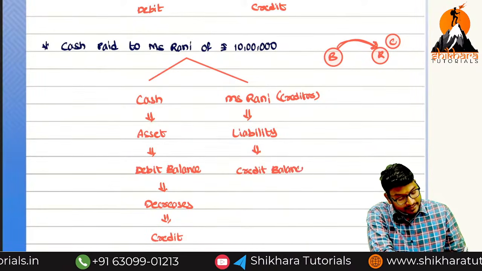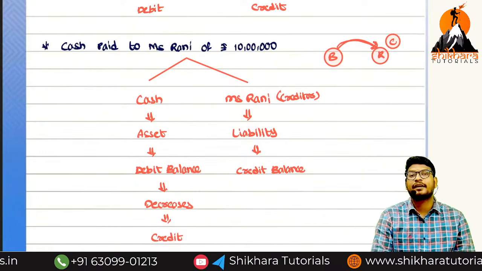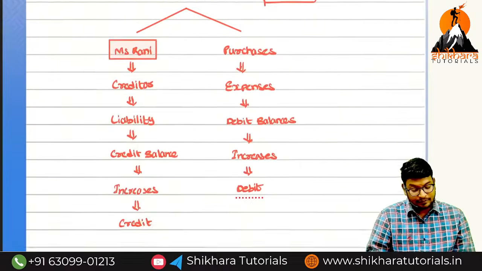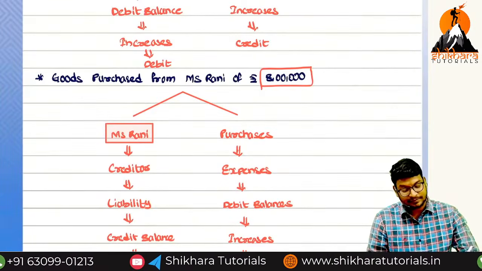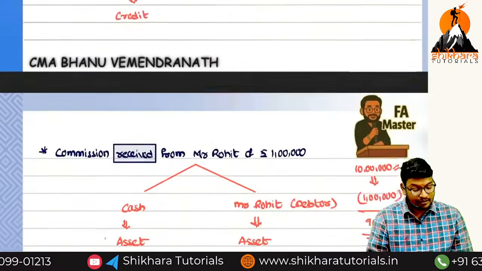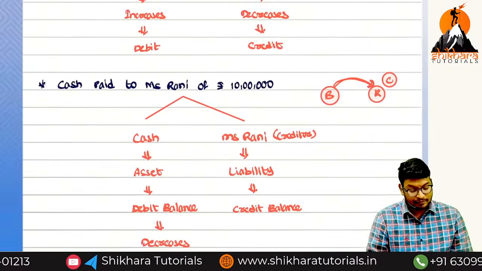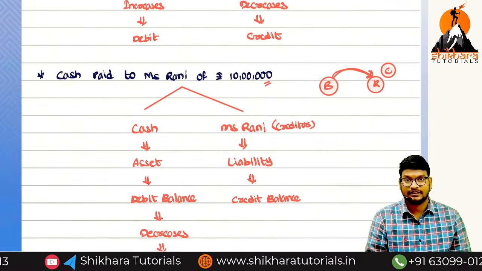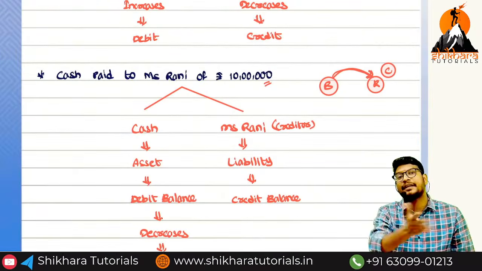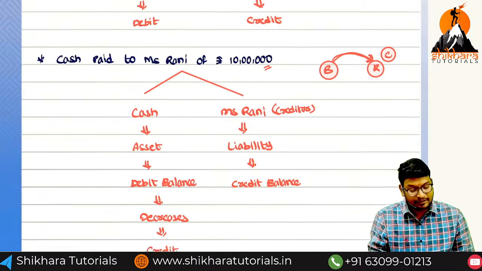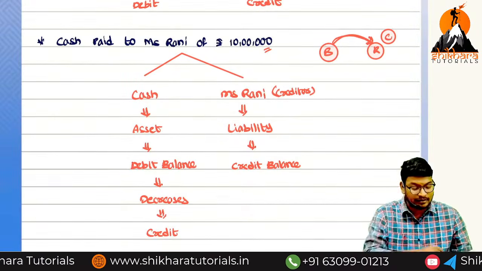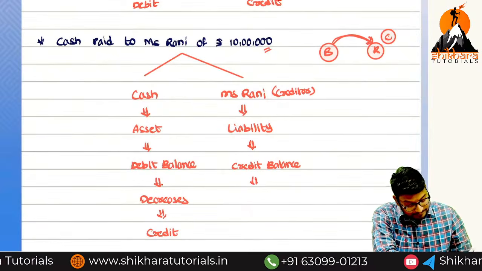Now the creditor balance increases or decreases? Decreases. Why, sir? See the previous transaction. We have purchased from Miss Rani. How much did we purchase? 8 lakhs. But how much amount are we paying now? We are paying 10 lakhs. That means we are repaying the liability. So repayment of liability means our liability balance will increase or decrease? It will decrease.